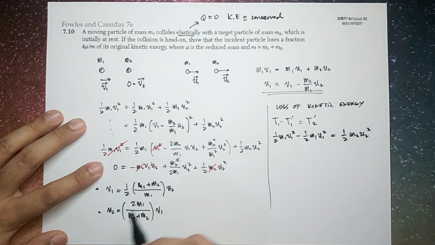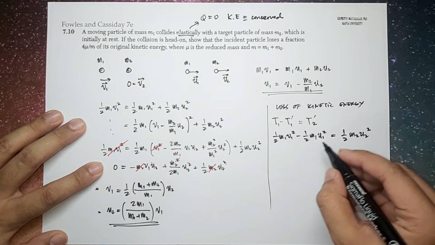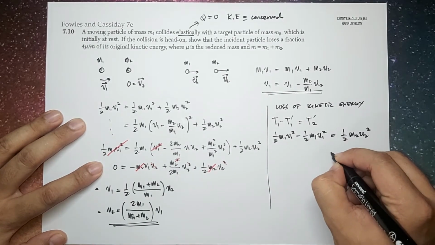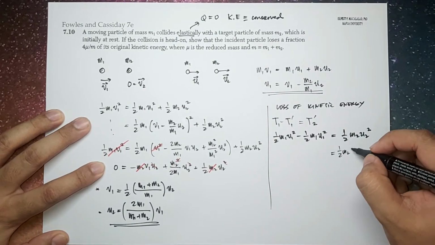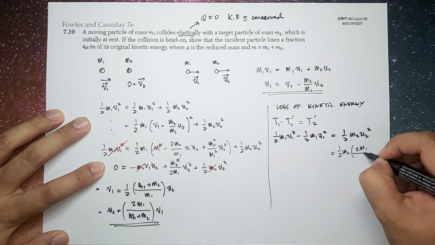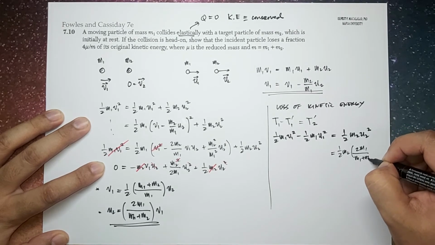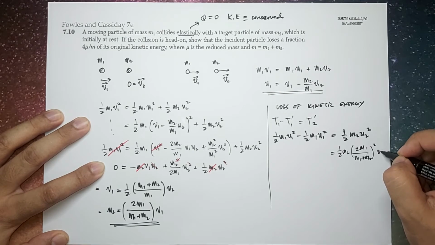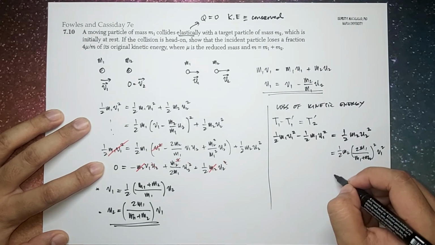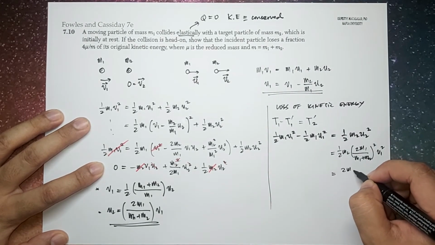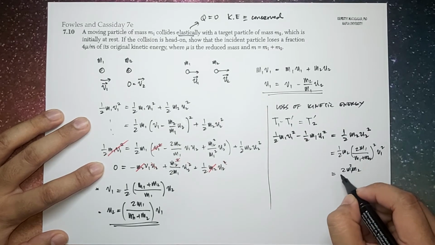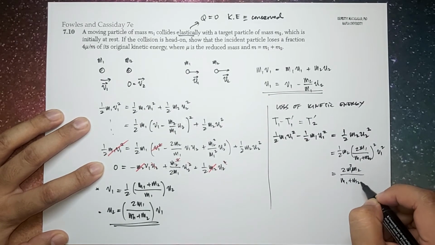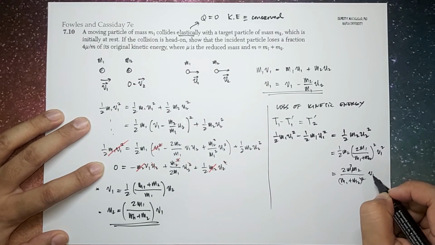Okay, so substituting u2 here, this side becomes 1/2 m2 times (2 m1 over m1 plus m2) squared v1 squared, which simplifies to 2 m1 squared m2 divided by (m1 plus m2) squared times v1 squared.